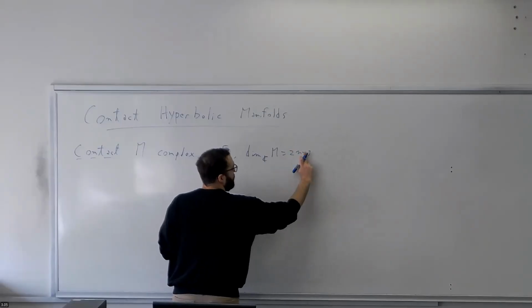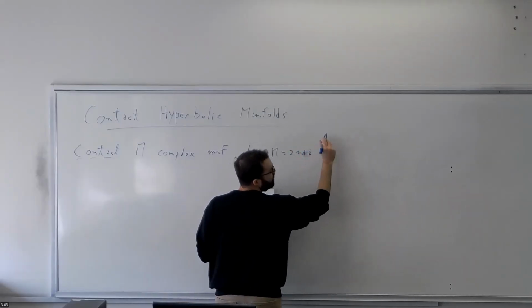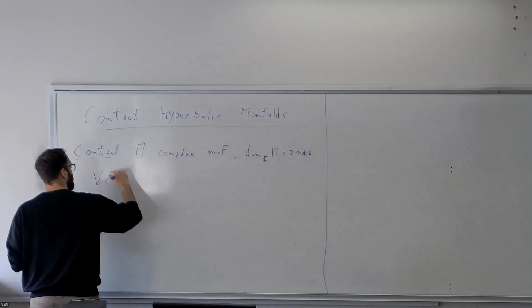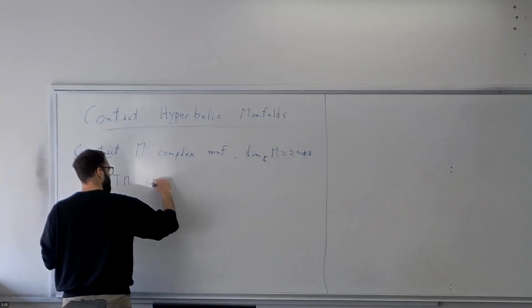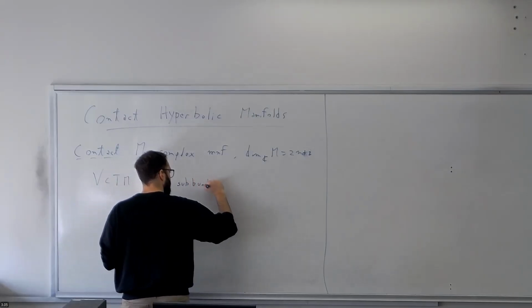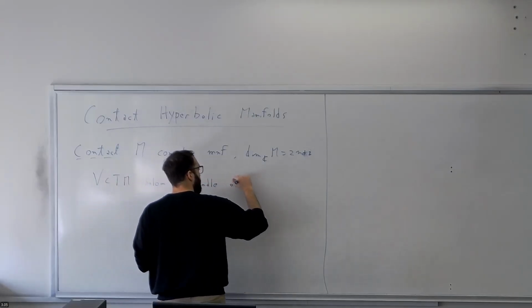So we take a complex manifold of odd dimension, and we take a holomorphic subbundle V of the tangent bundle of rank 2n.